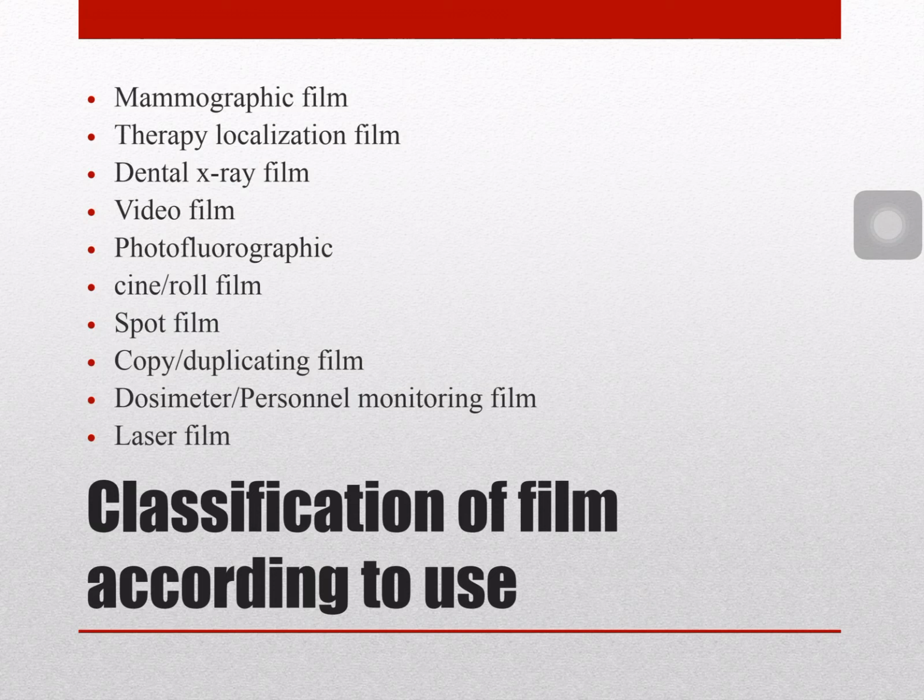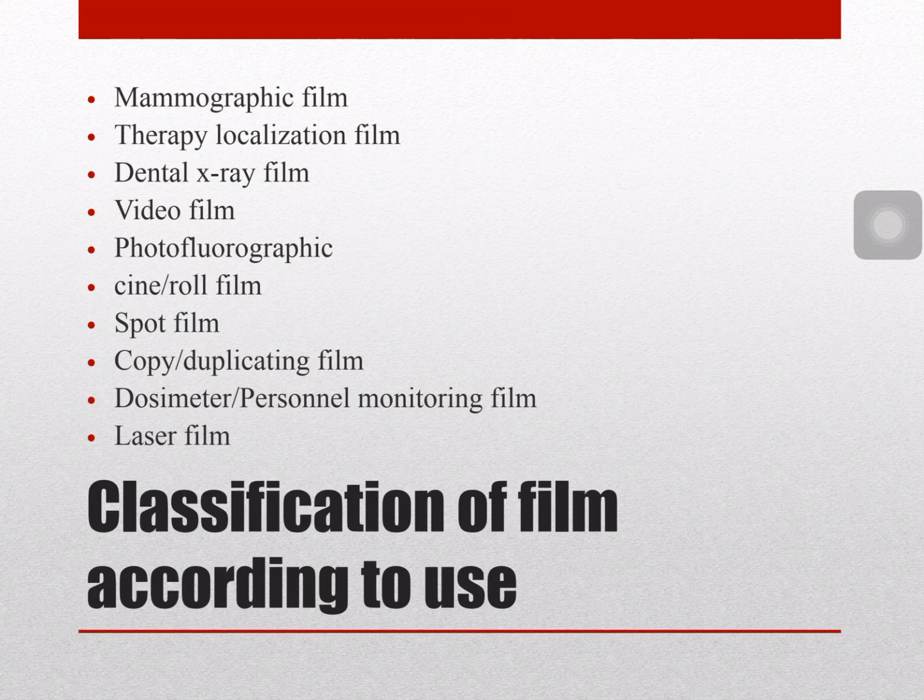Laser film can be seen in a facility that has a CR system and a DR system, because the CR system and DR system use a laser printer. The film can be printed out, or the radiograph can be printed out on this laser film without the use of processing chemicals.